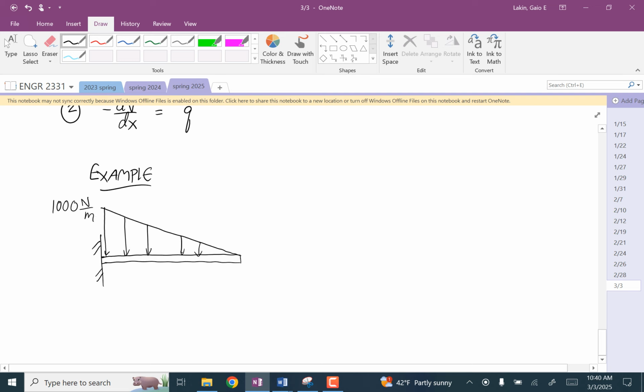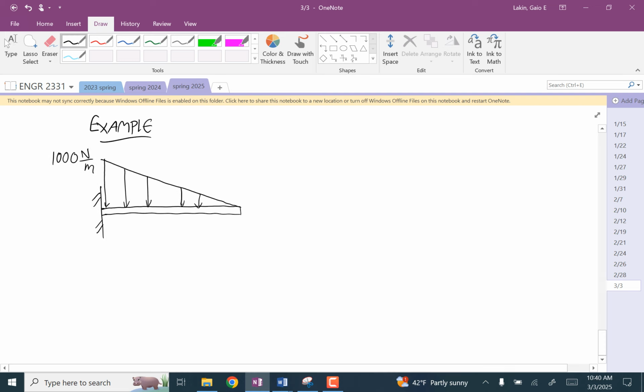But the problem here is when you do your cuts, so the triangle facing this direction is a pain.